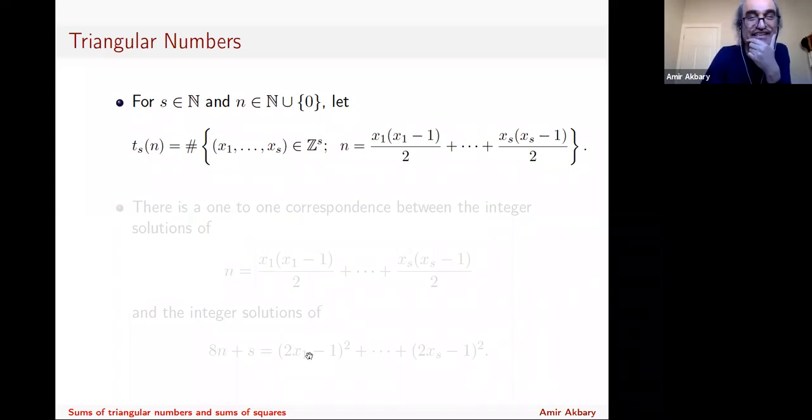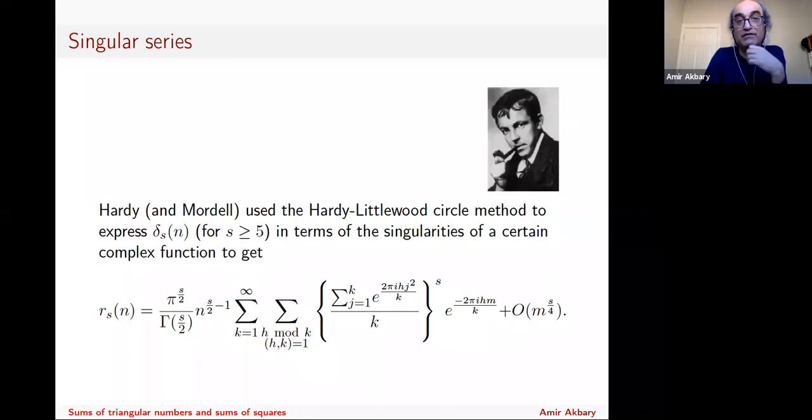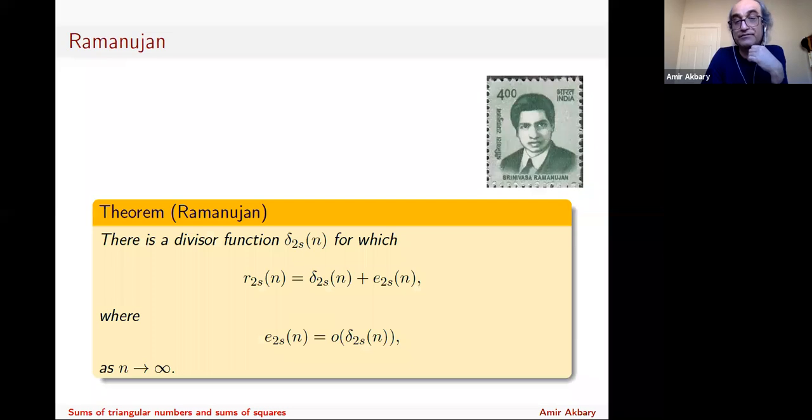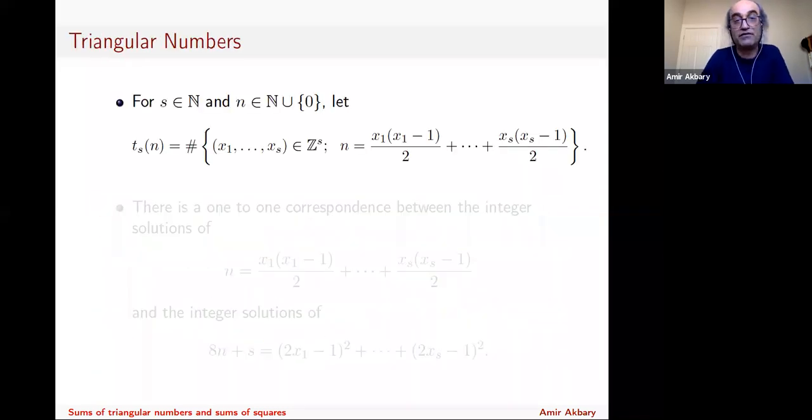So before ending, let's talk about the triangular numbers. The case that I considered, RSN, is a specific example of writing n as a sum of s squares. Basically, you are interested in the integer values of a quadratic polynomial, and you can replace that quadratic polynomial with some other quadratic polynomial.